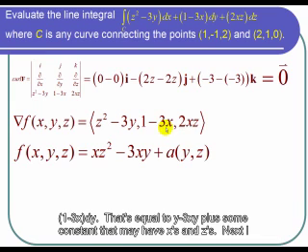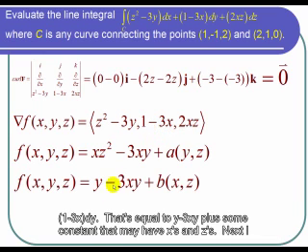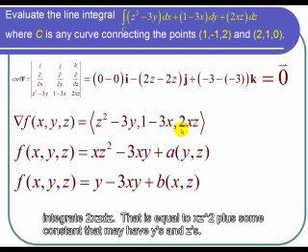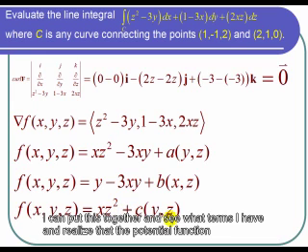Next, I integrate 1 minus 3x dy, and that's equal to y minus 3xy plus some constant that may have x's and z's in them. Next, I integrate 2xz dz, and that is equal to xz squared plus some constant that may have x's and y's in them.